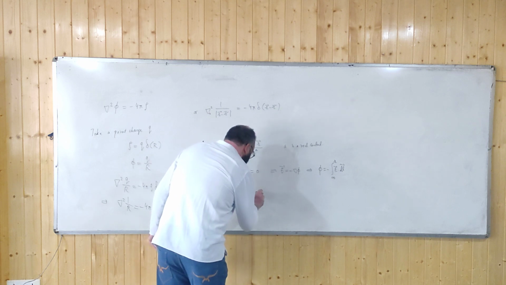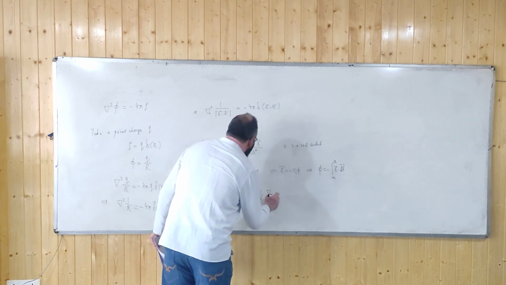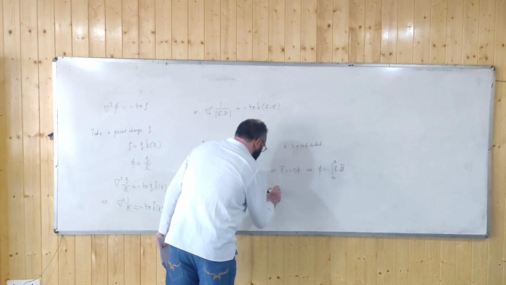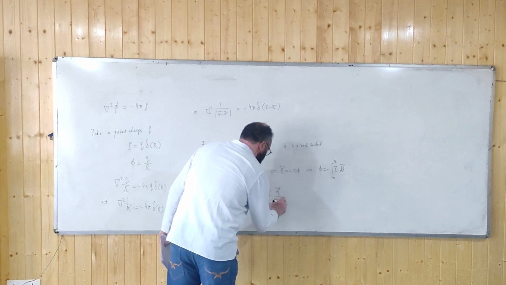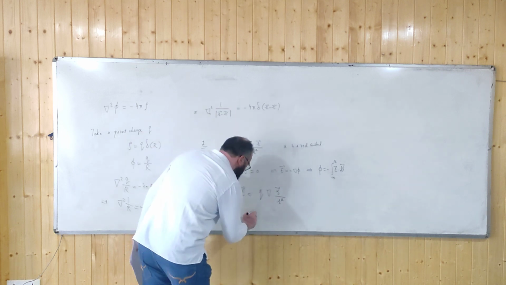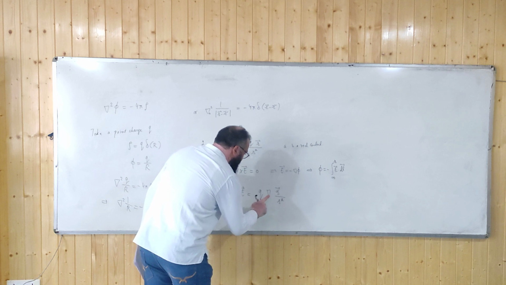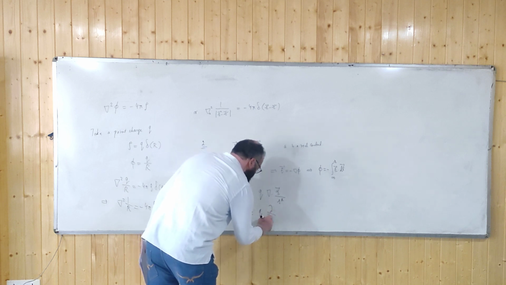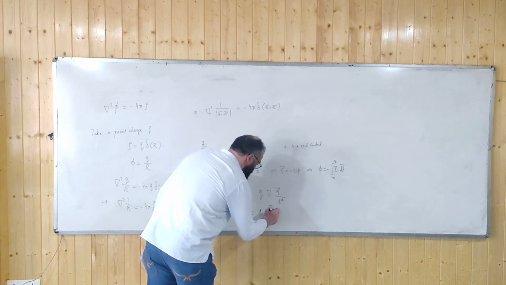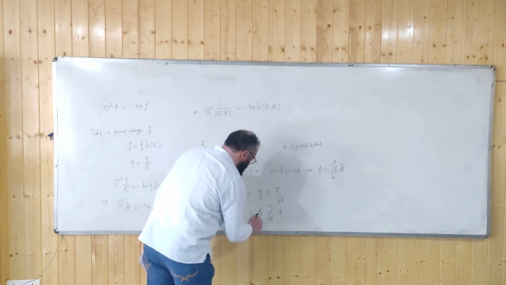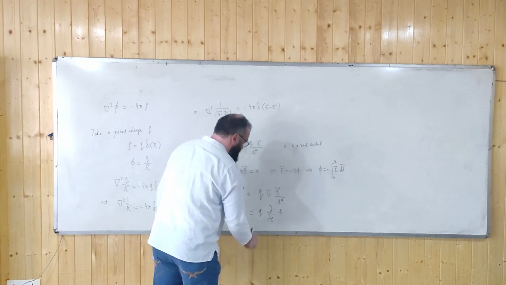So I will write it as Q del dot of r-vector by r raised to A for E. In spherical polar coordinates, how do I write this divergence? It's simply partial by partial r.